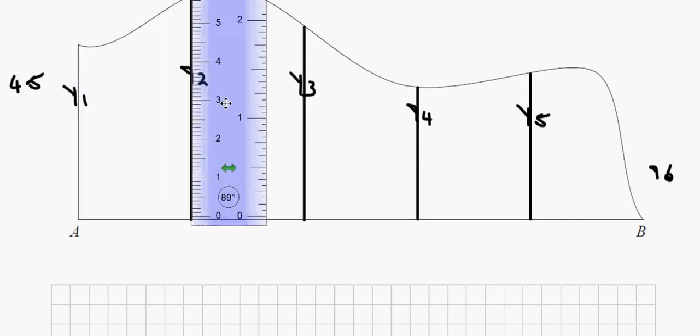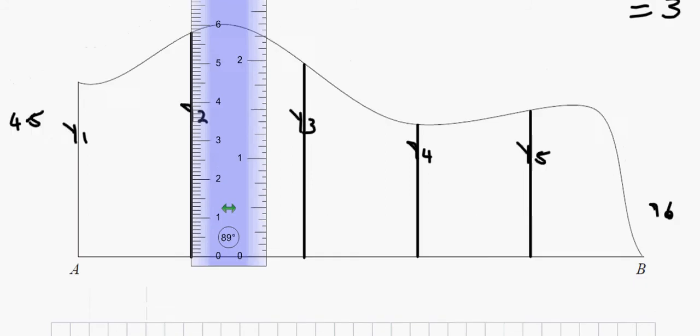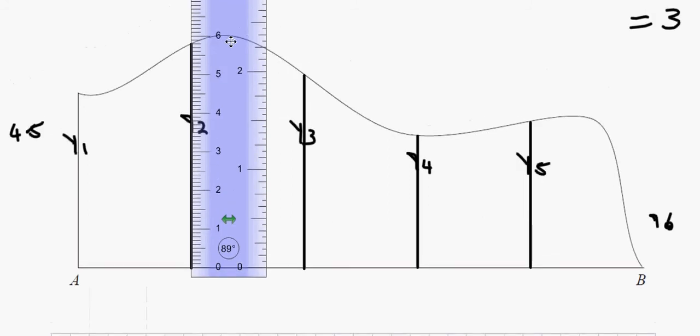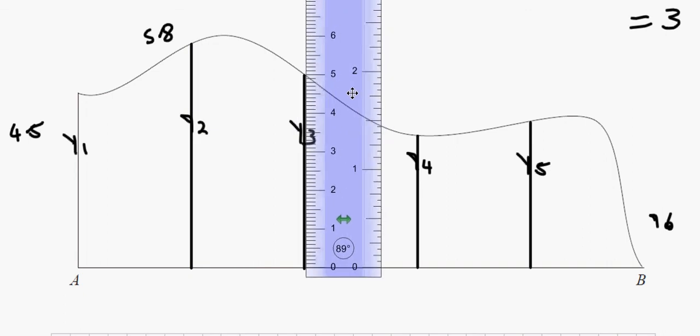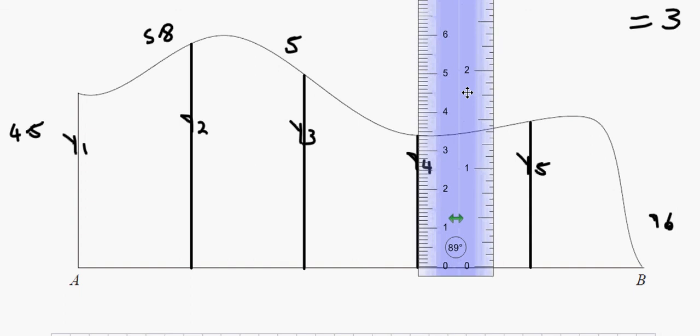Y2 happens to be 5.8, the way it just comes up here. Y3, just make sure this line here is level, and we can see that Y3 is 5. The next one after that, Y4, is 3.4. Just keep counting: 3.1, 3.2, 3.3, 3.4.